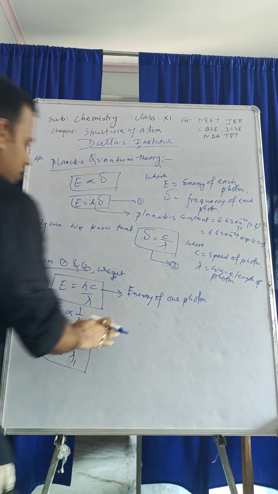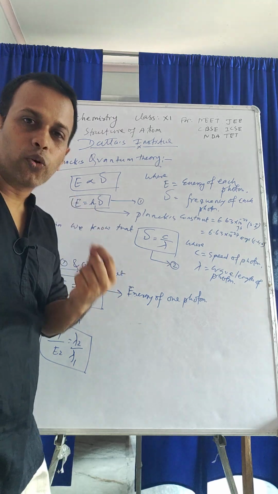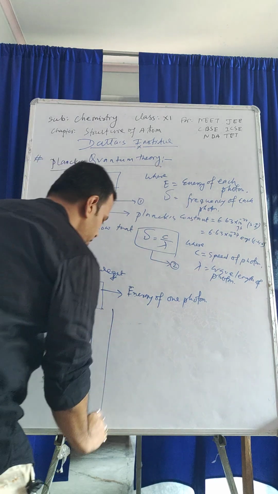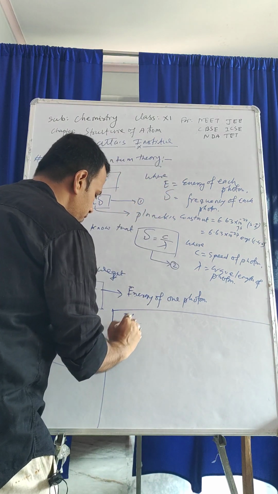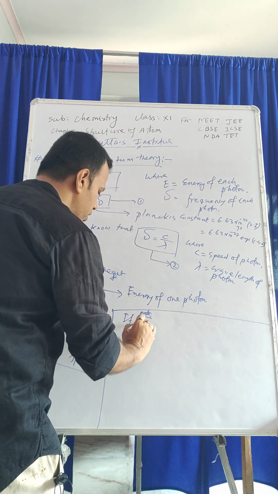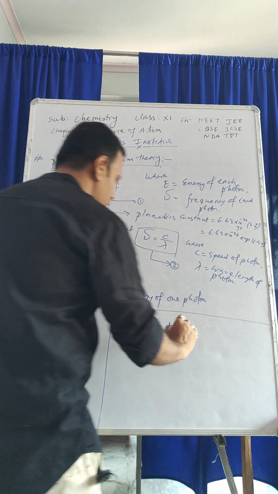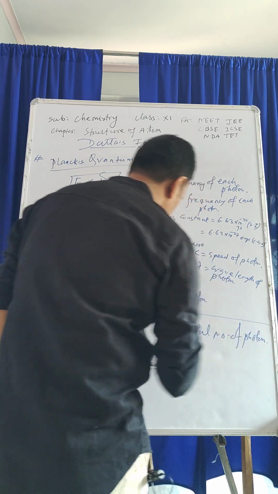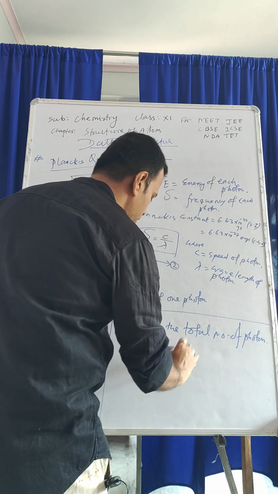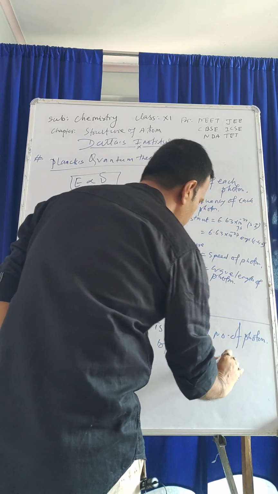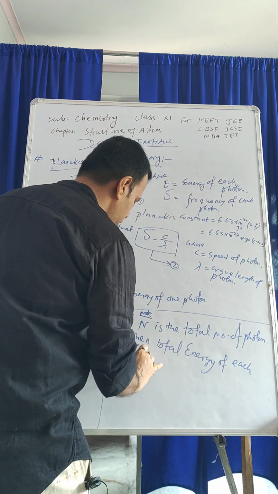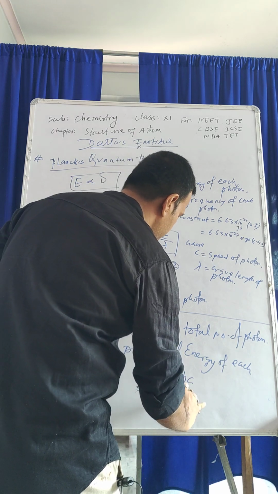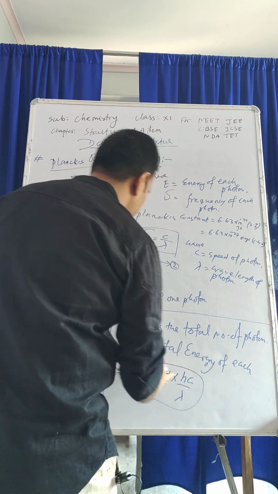Now this one is for a single photon. Okay, if there are N number of photons, then what will be the total energy? So just write a note here: if capital N is the total number of photons, then total energy will be E equal to N into hc by lambda, you just multiply with N. Okay, from that you can easily find the number of photons.